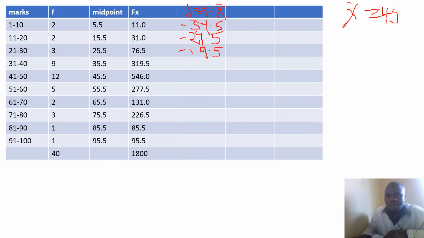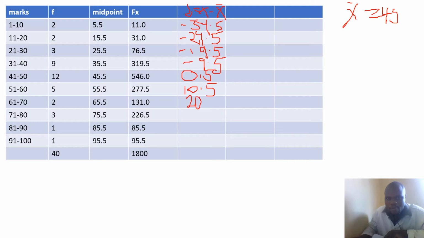And then 5 minus this, you get negative 29.5. Then 45, this one you get is negative 19.5. Then 55.5 minus 45, this one you get is positive 0.5, and then 65 minus 45, this one you get is 10.5, positive also.